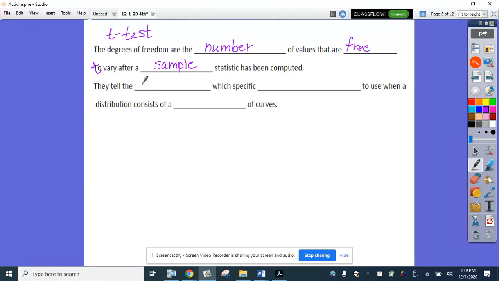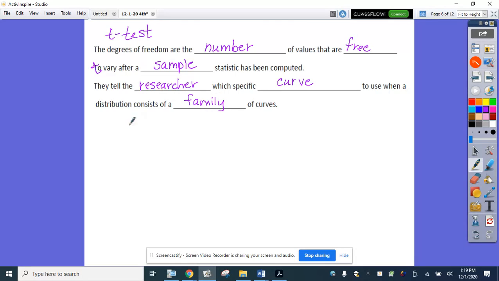They tell the researcher which specific curve to use when the distribution consists of a family of curves.